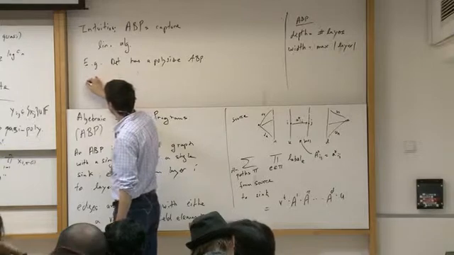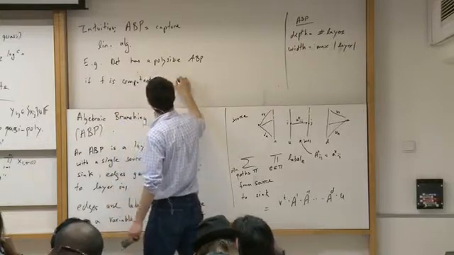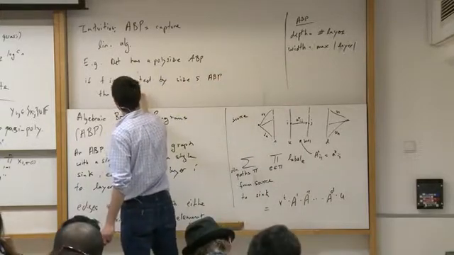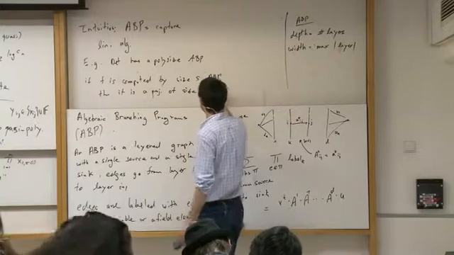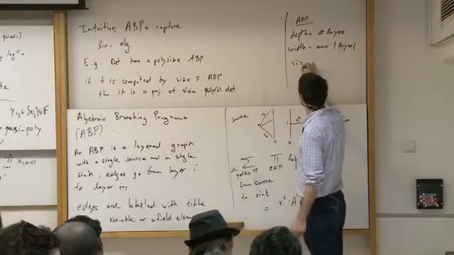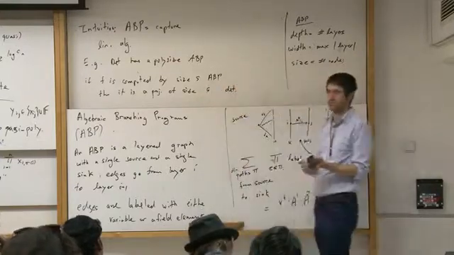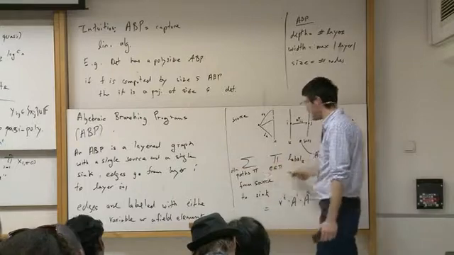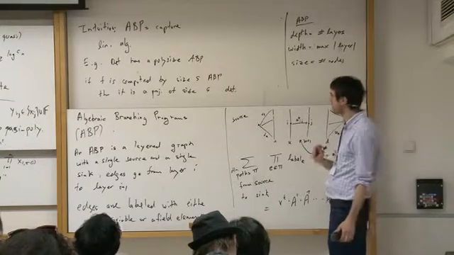And we will also show that if F is computed by a size S ABP, then it is a projection of size S. If you have S nodes, then you can represent the polynomial as a determinant of an S by S matrix in which the entries are either variables or field elements. And that I'm going to show you next.